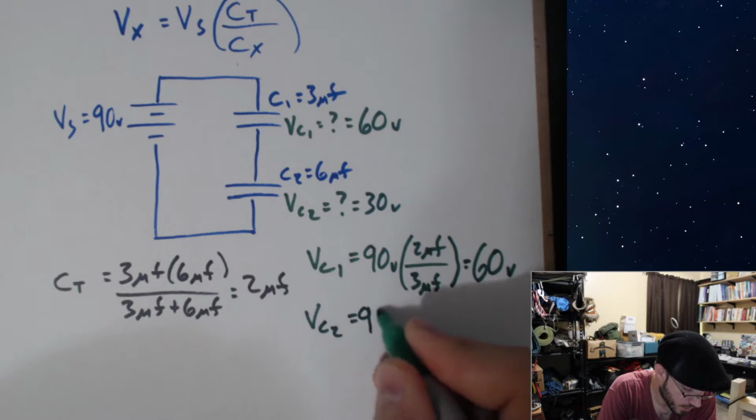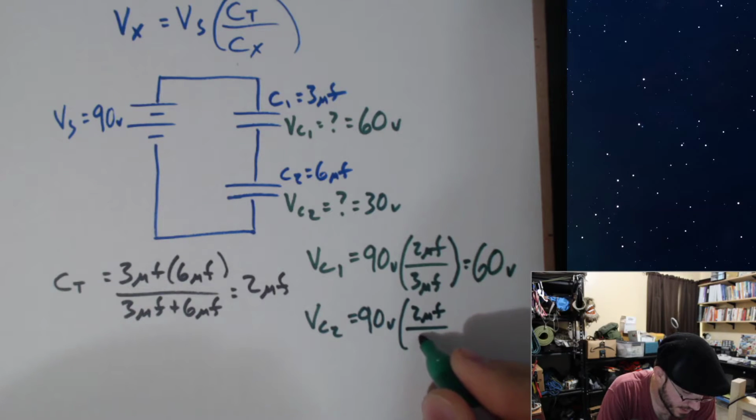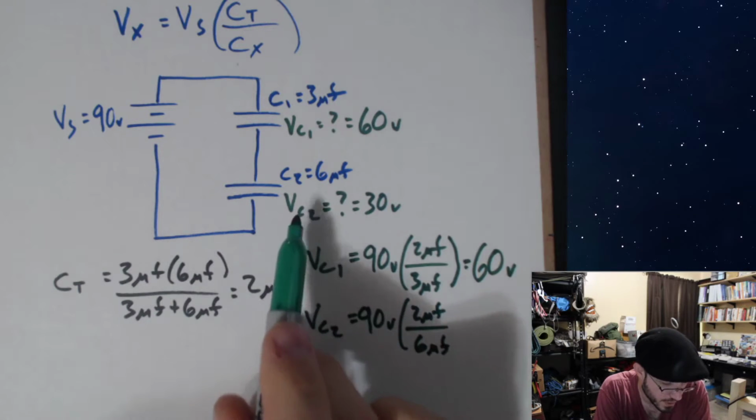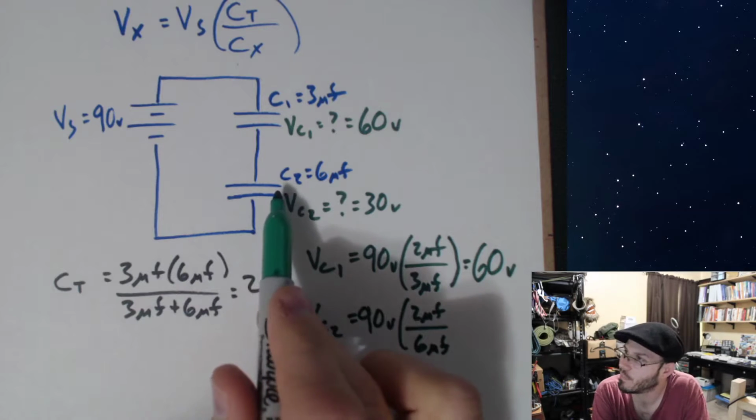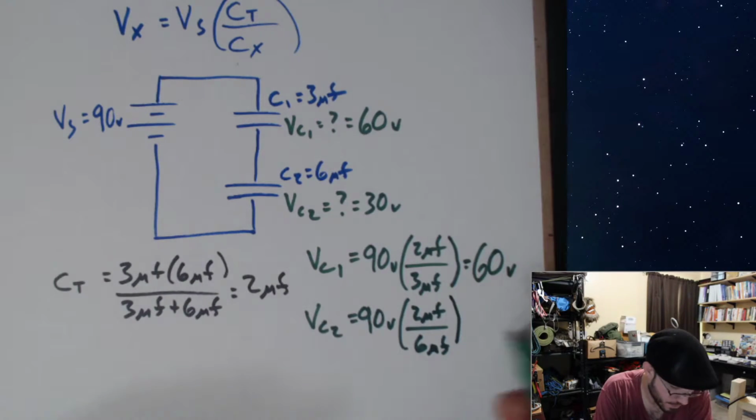VC2 is going to be equal to 90 volts times 2 microfarad divided by 6 microfarad, because we're looking for the voltage across the second cap, and it has a capacitance of 6 microfarads. And so you're going to get, surprise, surprise, 30 volts.